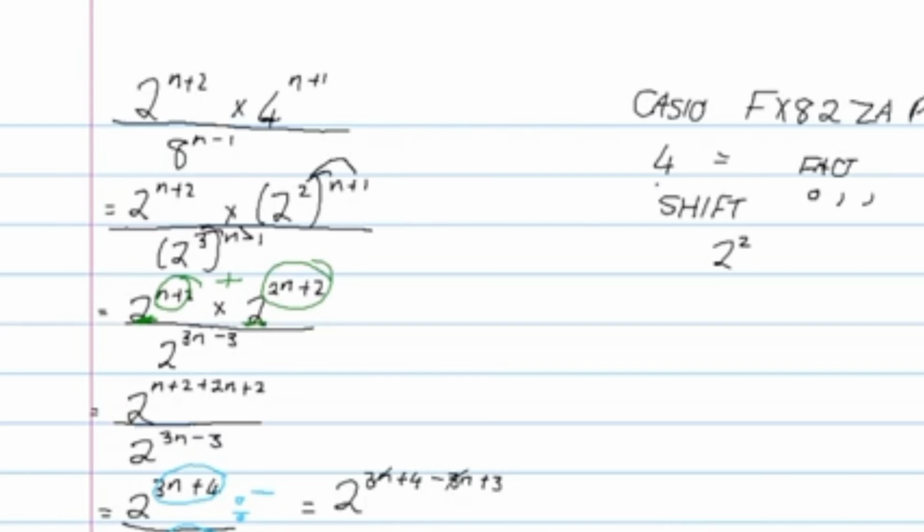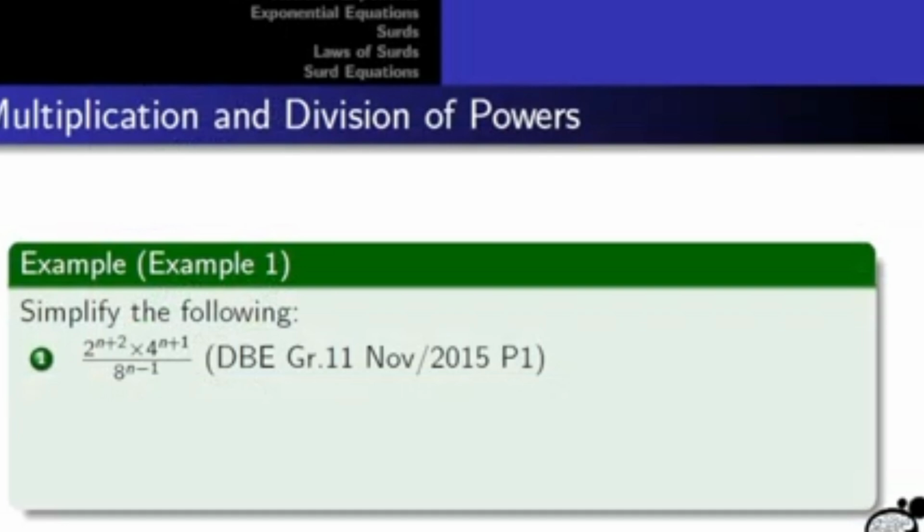You just simplify everything. 3n from the top is going to subtract 3n from the bottom, and then 4 and 3 are the remaining. So your final answer should be 2 to the power 7. Let me just verify, because if you follow our steps, yes.